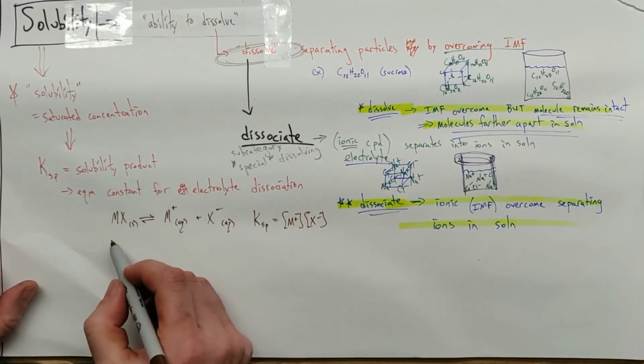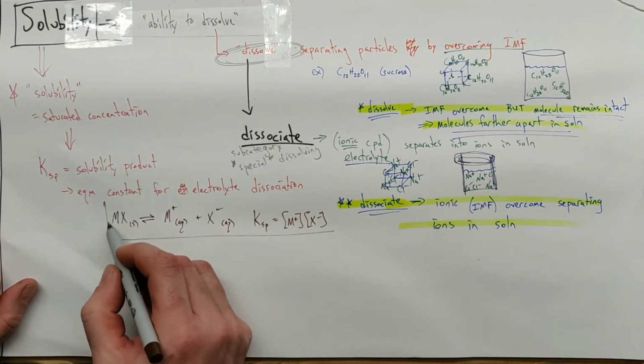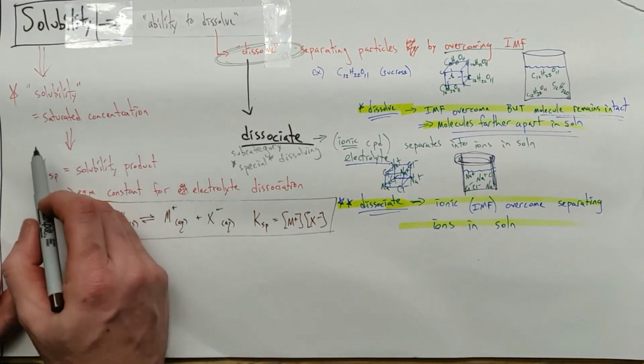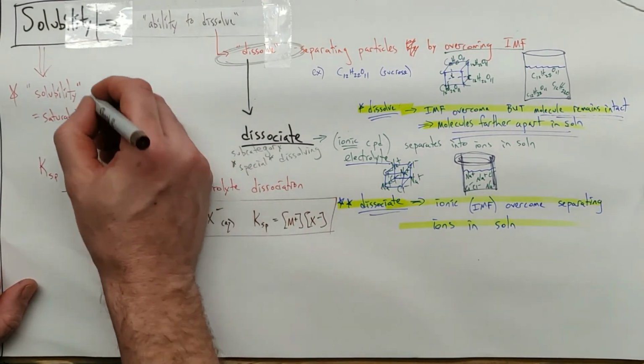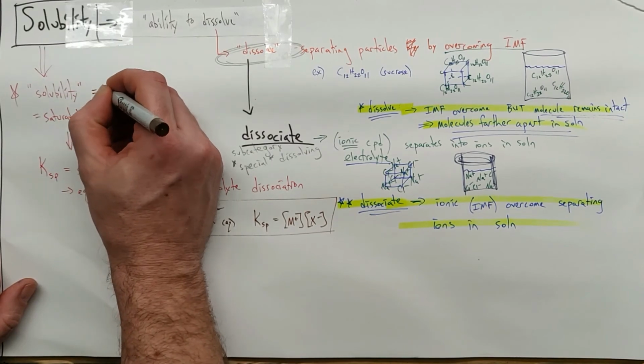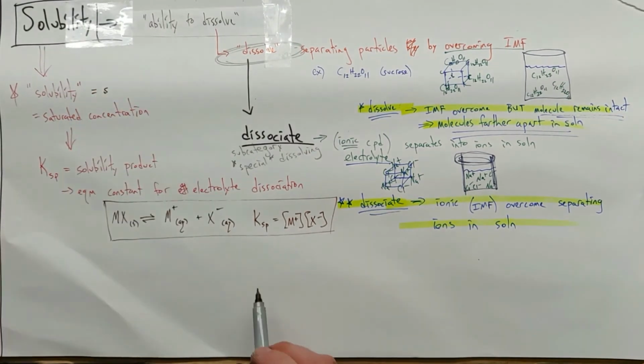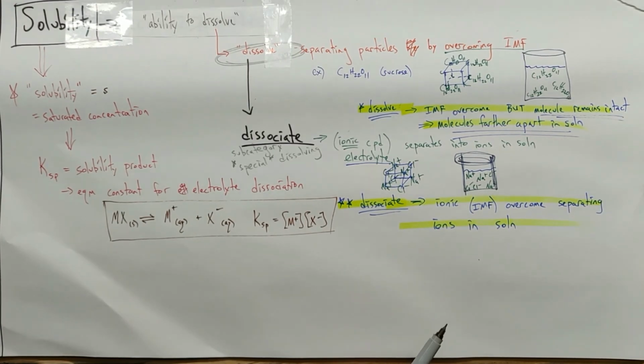All right, so this is how our solubility expressions are going to look. This S that we will have, saturated concentration, solubility, S, is going to be calculated using the equilibrium constants, the solubility constants. We'll do some examples of that, and then we will move on to many other examples.